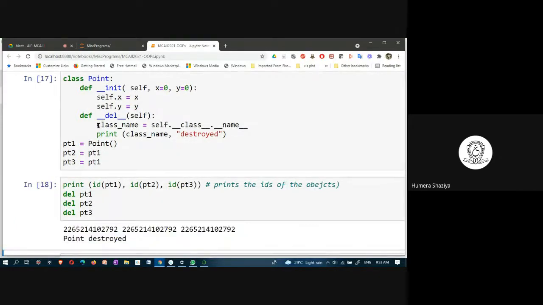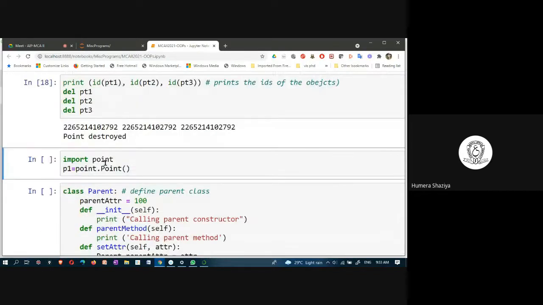Now I have executed the following cell, which prints the IDs of all three points, and then deletes each point one after the other: del pt1, del pt2, del pt3. After del pt3, the point will be destroyed. This is automatic garbage collection.